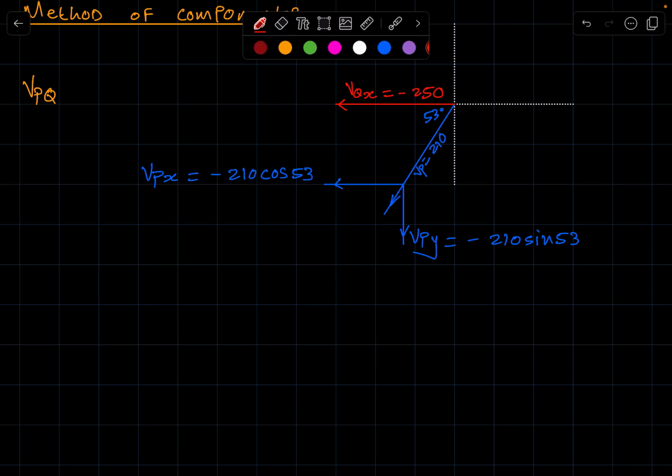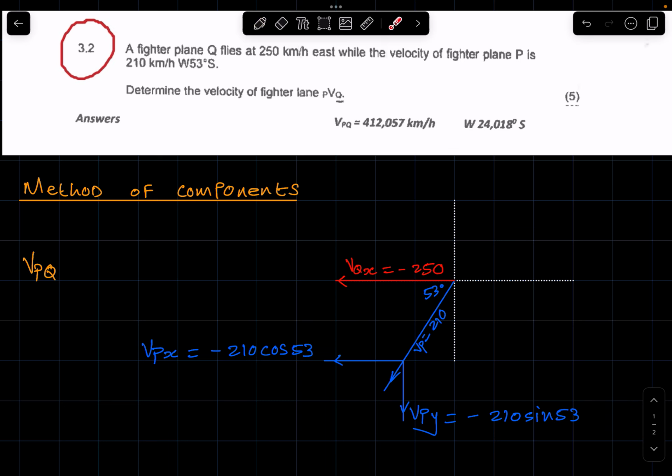Now that we've established which object we are taking as the object and which one we are taking as the frame of reference, and we've represented all the vectors on the Cartesian plane, now we can apply conditions of equilibrium to solve for what we are looking for. Now, what are we looking for? We are looking for the velocity of P relative to Q. This here, the velocity of P relative to Q, is essentially the resultant.